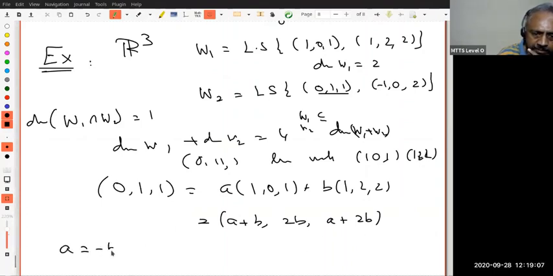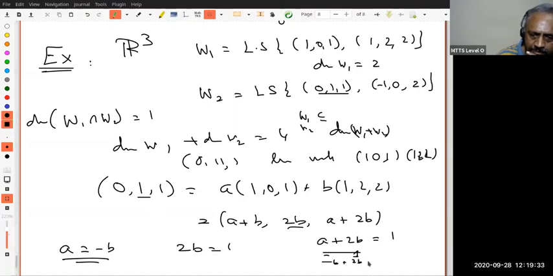That means A equals minus B. Now this says 2B equals 1, and this says A plus 2B equals 1. But 2B is already 1 and A is minus B, so minus B plus 2B equals 1, so B equals 1. But already 2B equals 1. This is a contradiction. Therefore, it's not a linear combination.